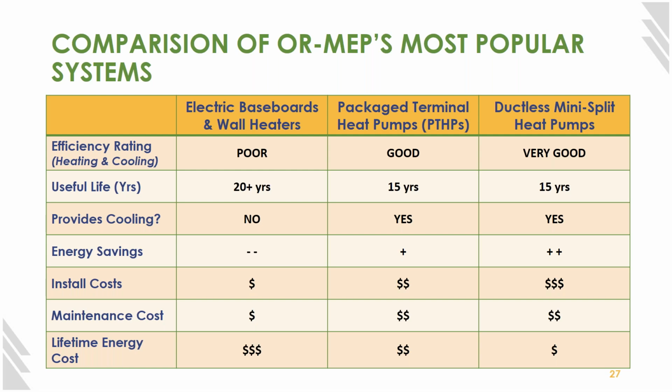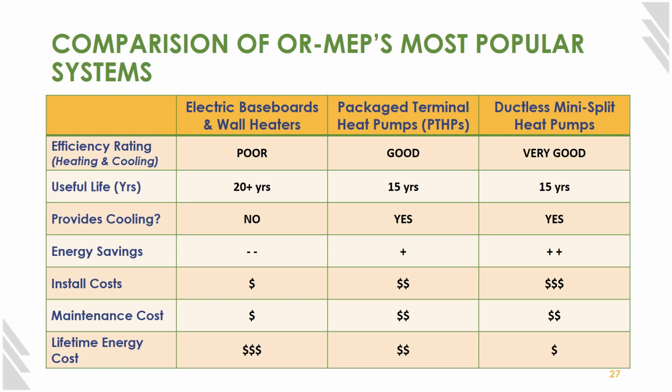How about costs? The install cost, they really go from left to right from cheap to moderate to more expensive. Ductless mini splits having the highest install cost, electric baseboard having the lowest install cost. One thing that is often not included in the install cost and that maybe we should think about is the electrical load requirements.